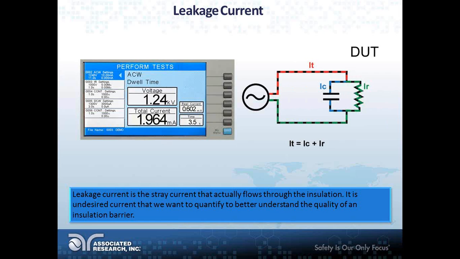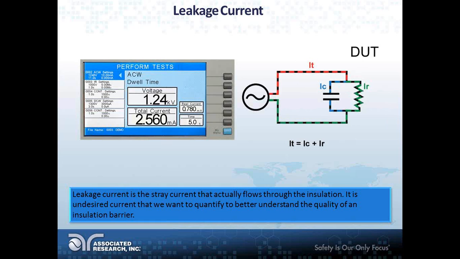Once the test starts, the total current displays up to 2.56 milliamps, whereas the real current is just a small fraction of it, which is 0.78 milliamps. And this is usually the case. The real current is much smaller than the reactive current due to the capacitor in your device.